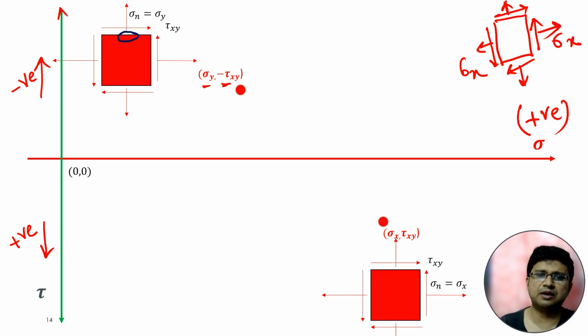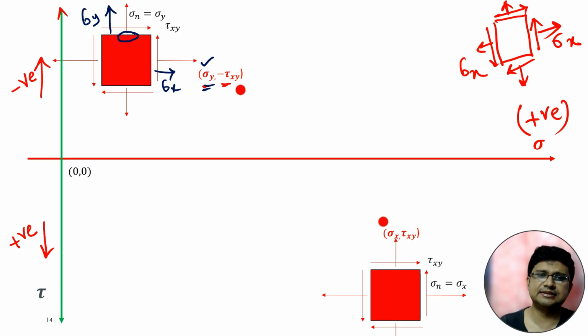Here sigma y is positive. We are considering the tensile stress as positive. We have already mentioned that if sigma y is like this, then it is positive, and sigma x is like this, then it is positive. So this particular point is the point with plus sigma y. And why minus tau xy?